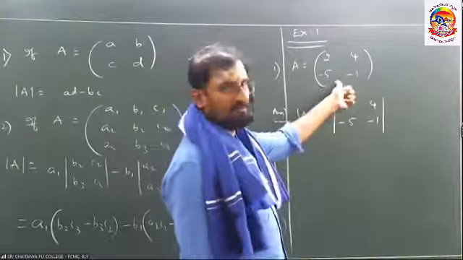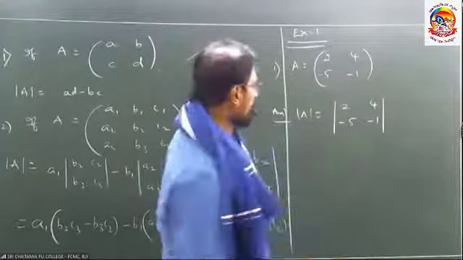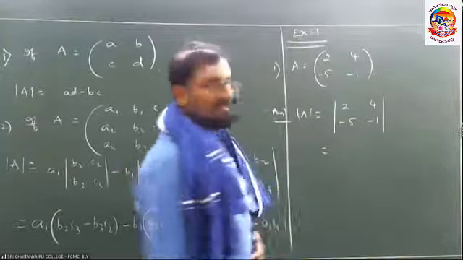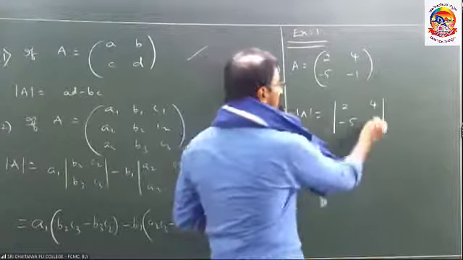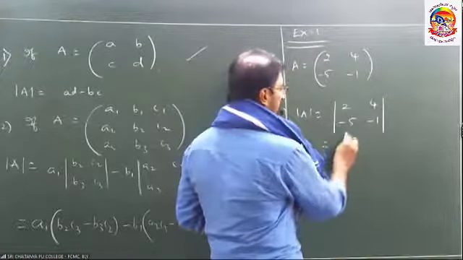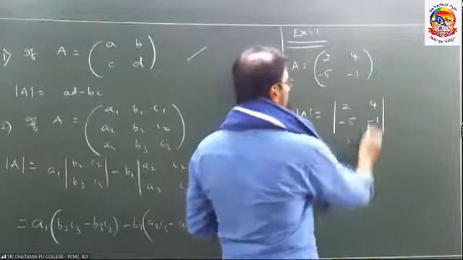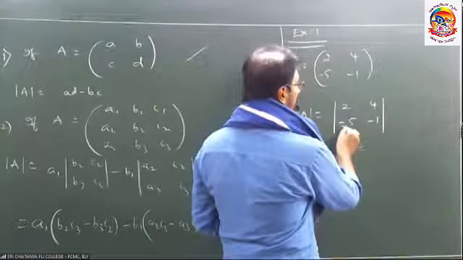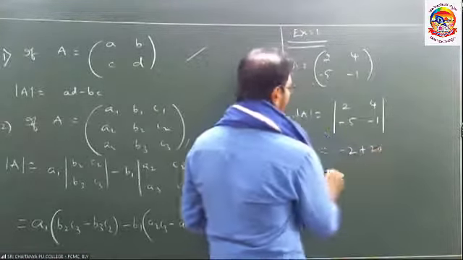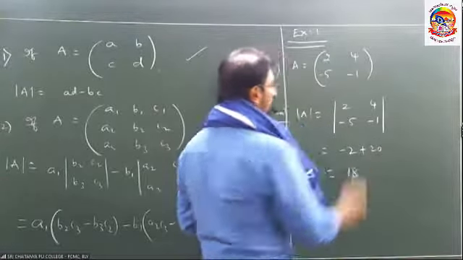This is a matrix, this is a determinant. Now |A| is equal to ad, which means 2 into minus 1, that is minus 2, minus bc, 4 into minus 5, that is minus of minus 20, minus of minus is equal to plus. It is equal to 18.